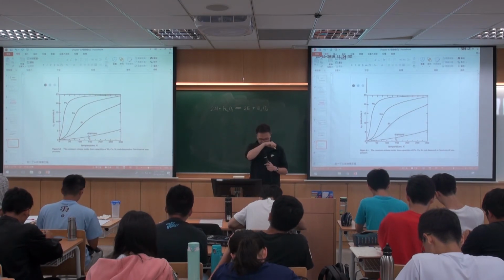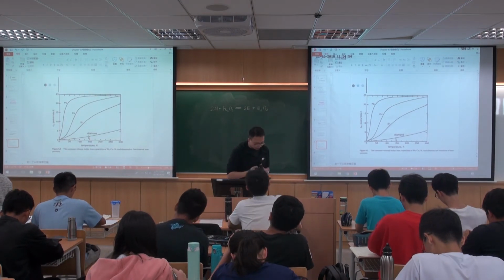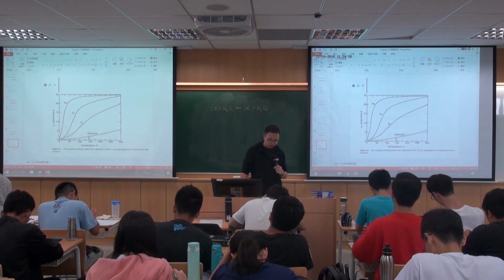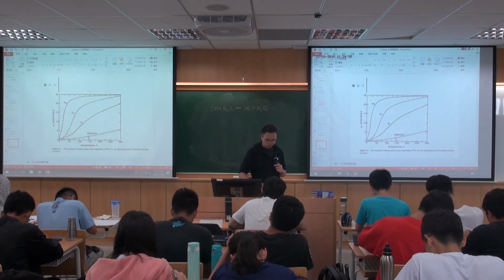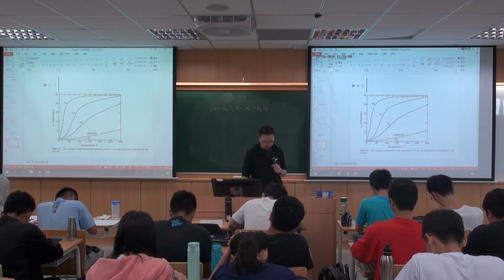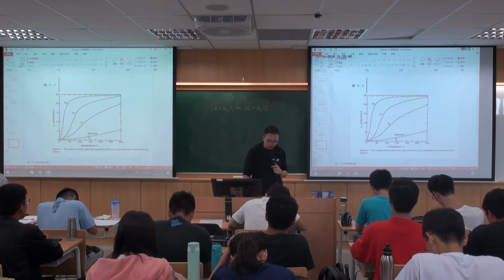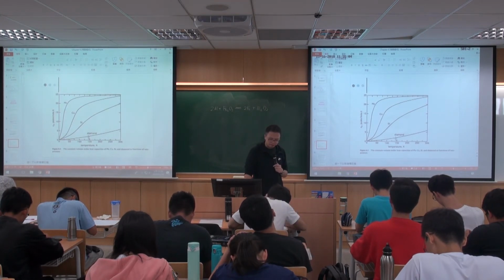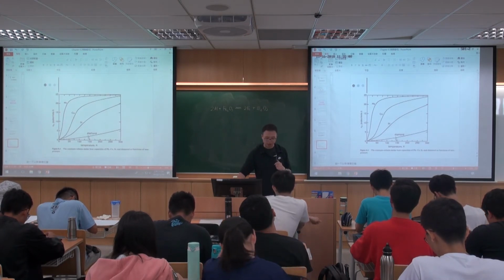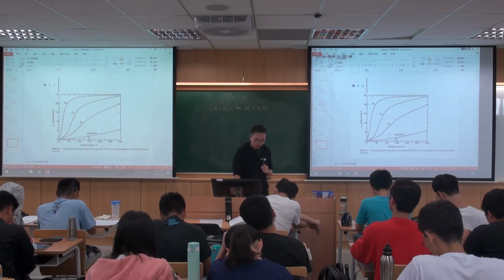Okay? And this is allowed to proceed to completion, which means that this is maybe a spontaneous process. And it is exothermic, which means that it will release heat. Therefore, delta H should be negative.